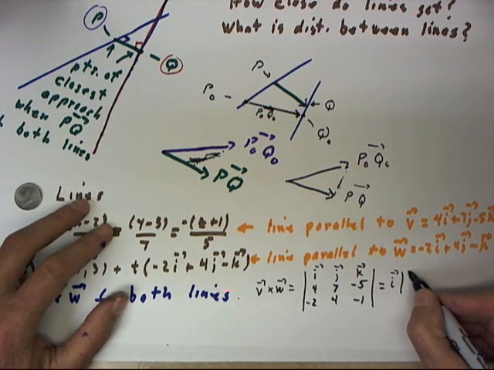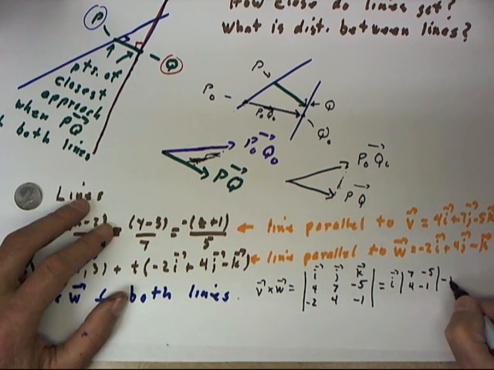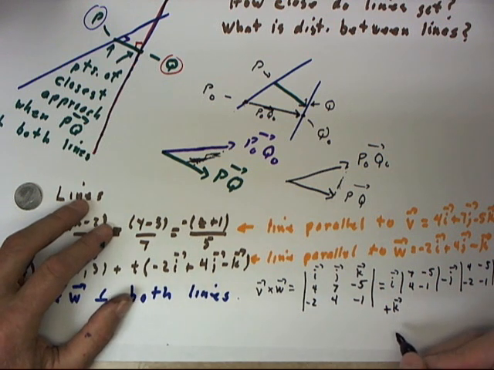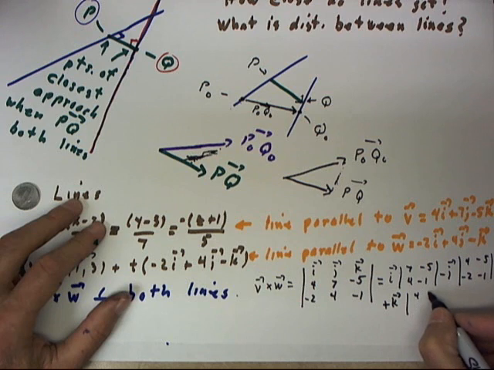So that's i times the determinant 7, negative 5, 4, negative 1, minus j times the determinant of 4, negative 5, negative 2, negative 1, plus k times the determinant of 4, 7, negative 2, 4.